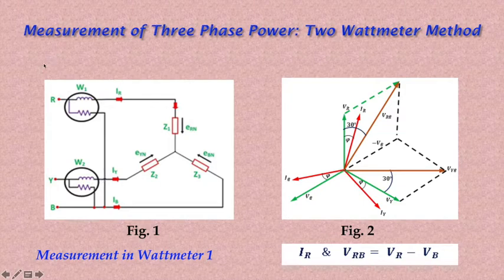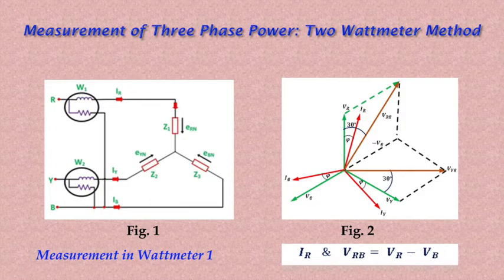The current coils of the 2 wattmeters are connected in any two of the lines, while their voltage coils are connected between the corresponding lines and the third line. In our example, the current coils are connected in line wires R and Y, and the voltage coils are connected across RB and YB.